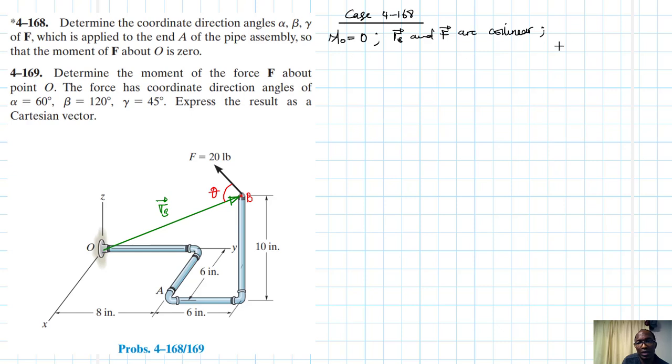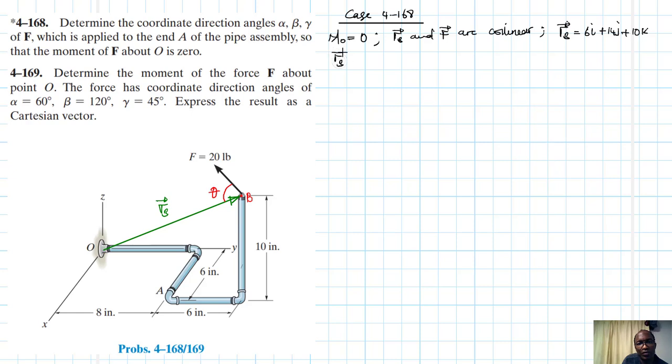So let's write down the vector expression for the moment arm. This is going to be equal to, in the x-axis we have 6i, in the y-axis we have 14j, and in the z-axis we have 10k.